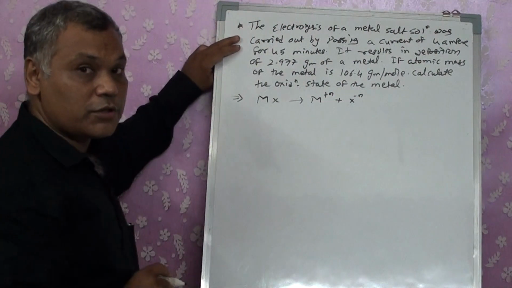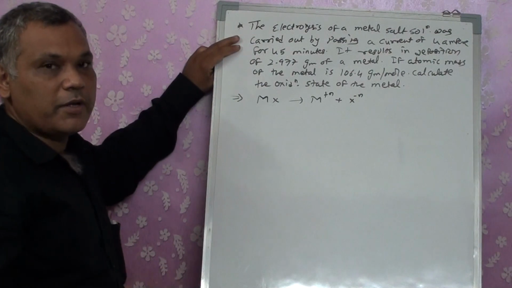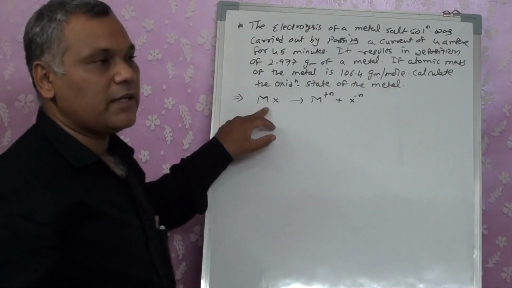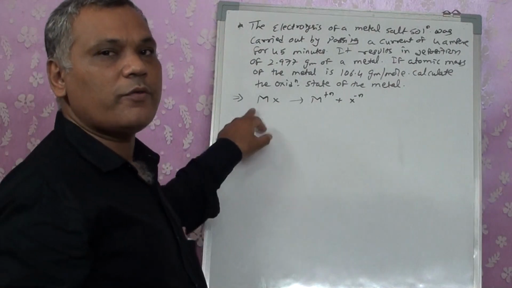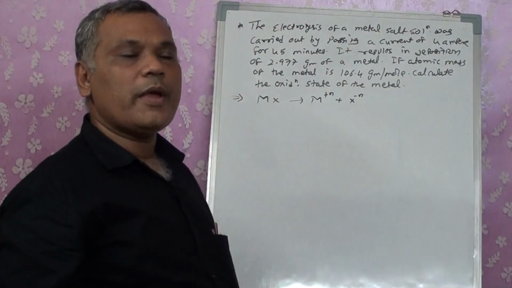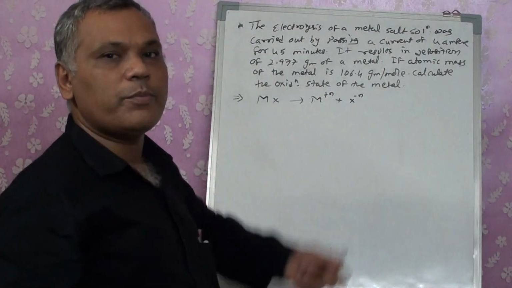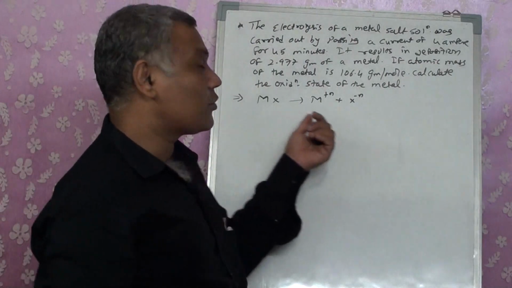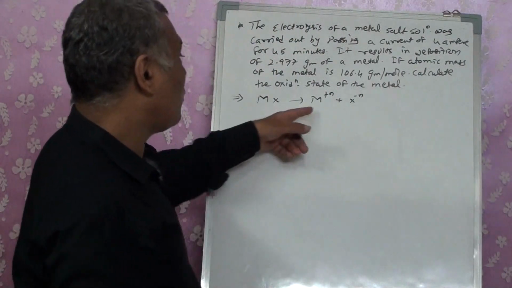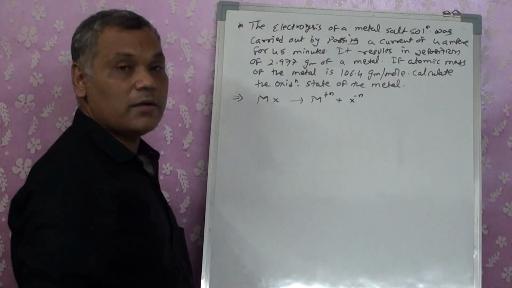I don't know the oxidation state. It can be +1, +2, +3. If I have NaCl, Na would be +1. If I have MgO, then Mg is +2, or MgSO4, it will be +2. If I have Al2(SO4)3, then Al will be +3. So we don't know the oxidation state of that metal.